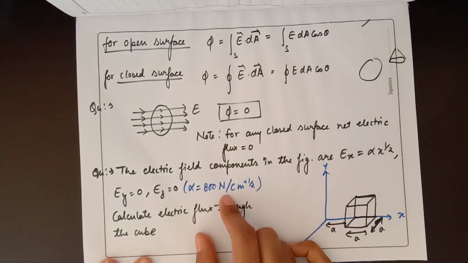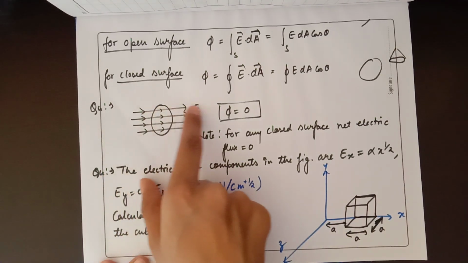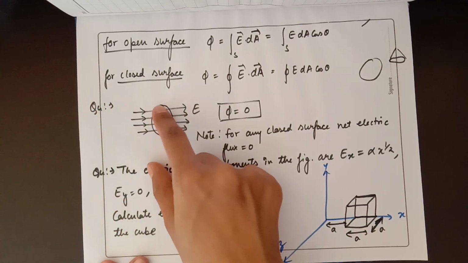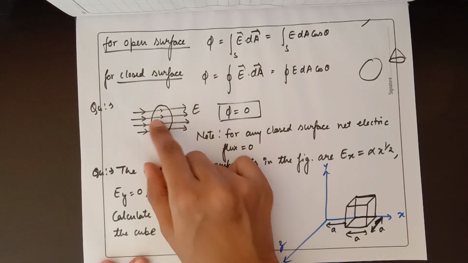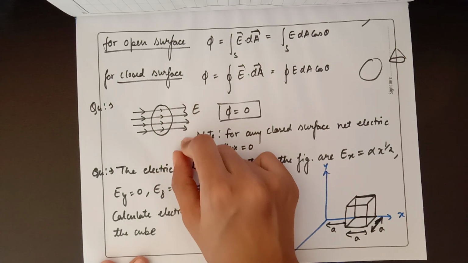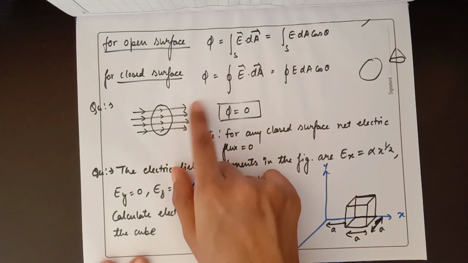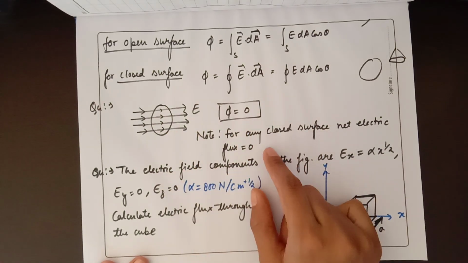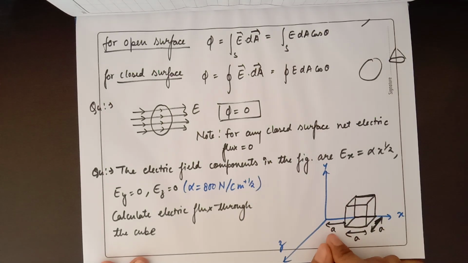It means when the electric field lines are moving like this, the number of field lines entering is equal to the number of electric field lines leaving, then we can say that net electric flux is 0.